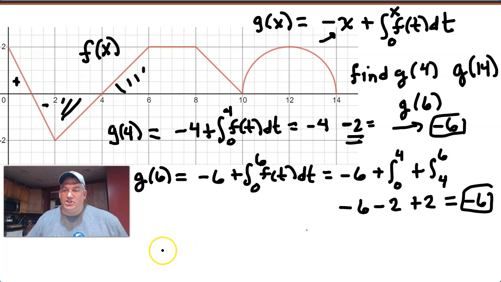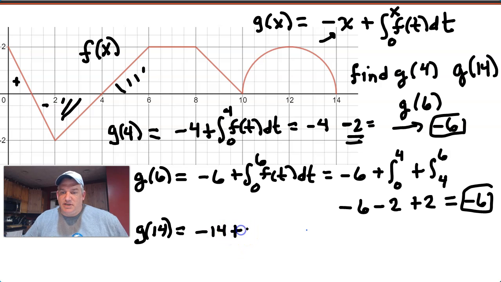All right, now we have g of 14 to find. Similarly, we're going to have negative 14, because my function is defined as negative x plus the integral from 0 to 14 of the function f of t dt. If you look at this kind of closely, let's go back and look at the graph here.